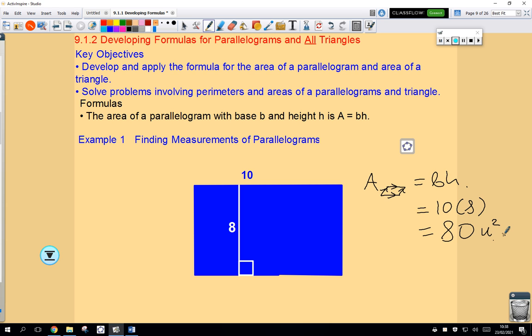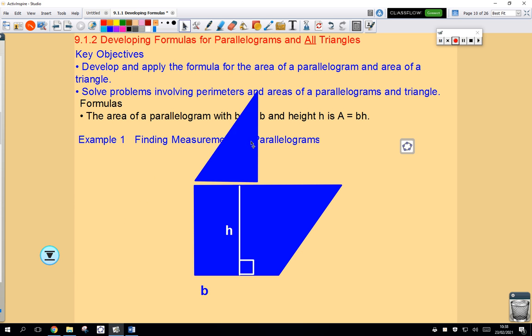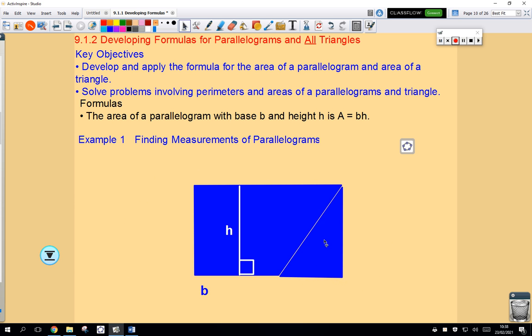That's how we find the area of a parallelogram. It's essentially the same formula. So the area of a parallelogram is the base times the height. I can cut every parallelogram. I don't need to go and do it. I just need to be able to visualize it, and I need to understand the formula. I need to be able to visualize that every parallelogram can have a right triangle removed from its side and replaced so that it forms a rectangle of the same area.